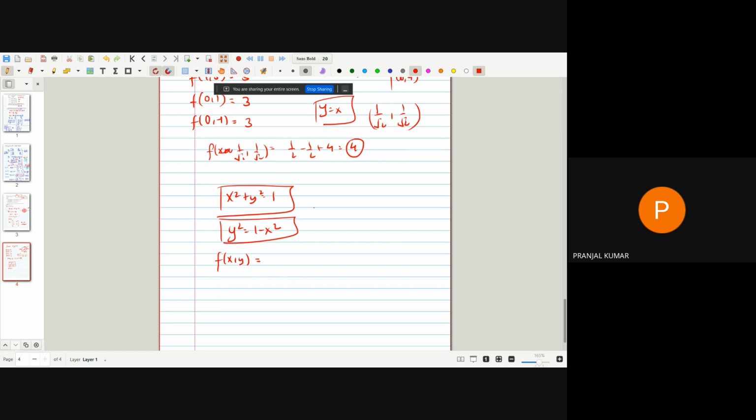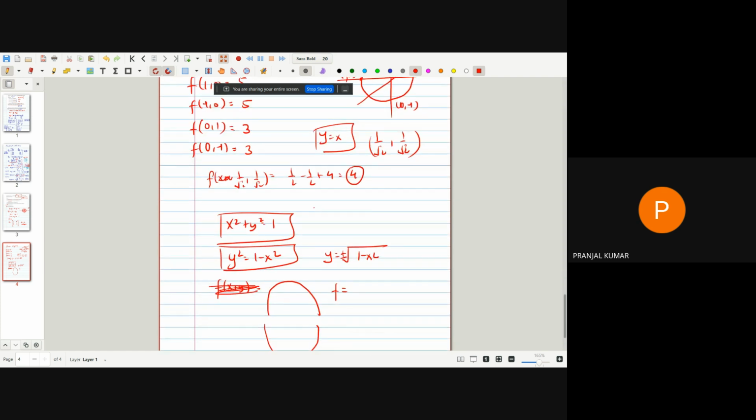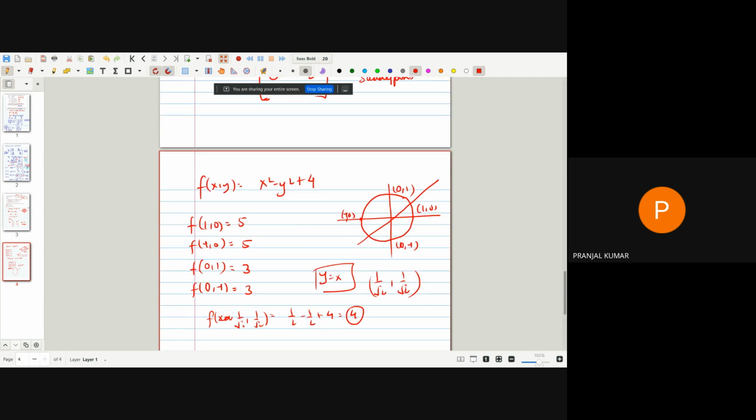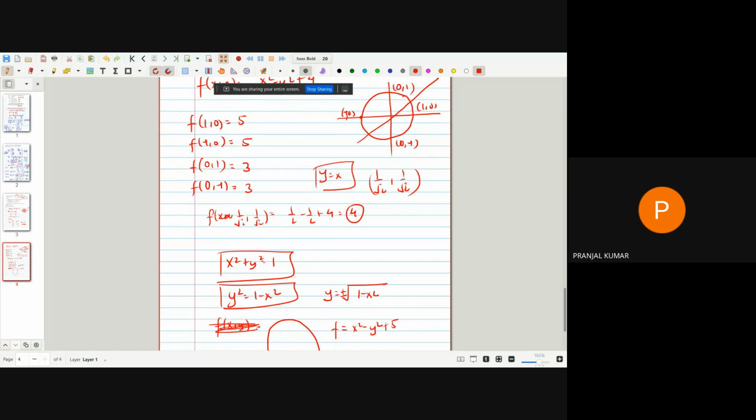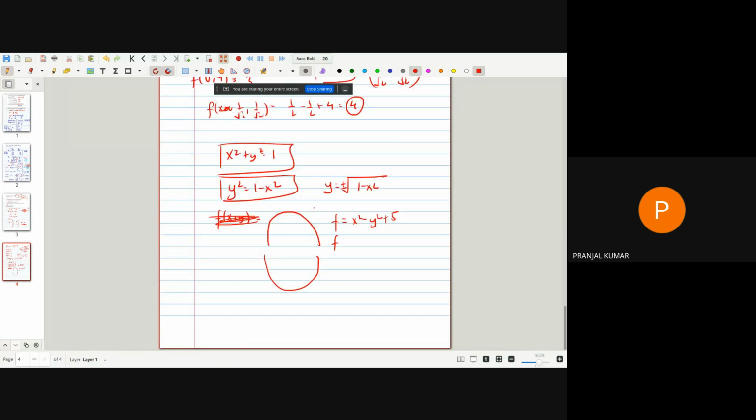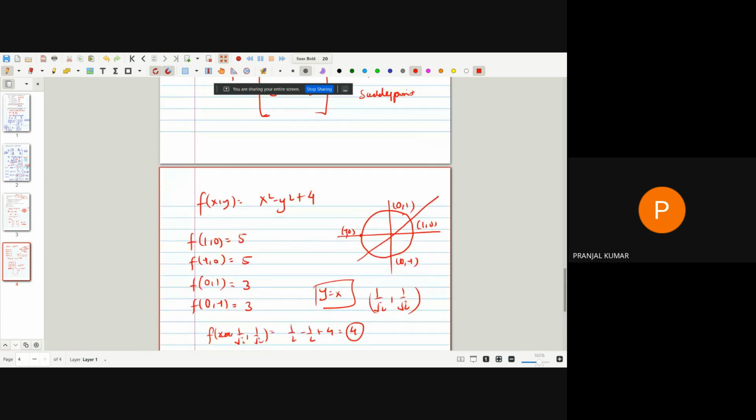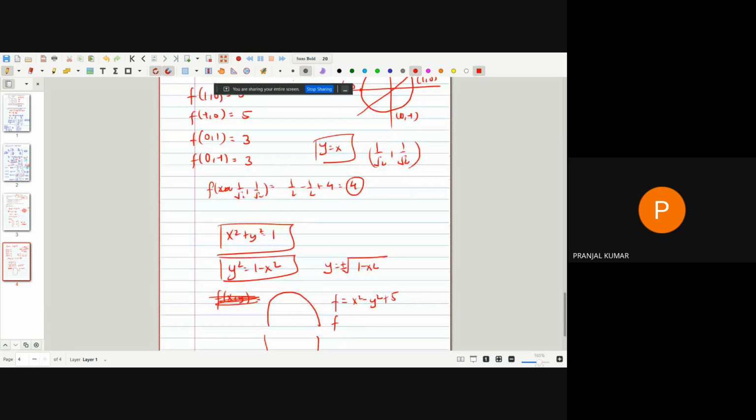Okay, so y is equal to plus or minus square root of 1 minus x square. So for the positive half circle we will see, and then for the negative half circle we will see. So f of x square minus y square, again I think you will get the same plus 5. Value will be 5. Okay, so I think everywhere on the boundary, no, it is not the case.